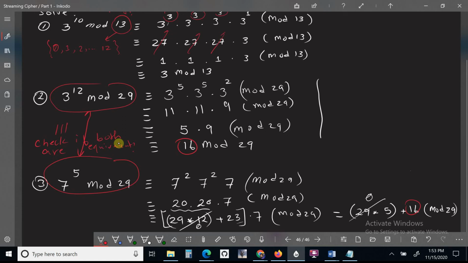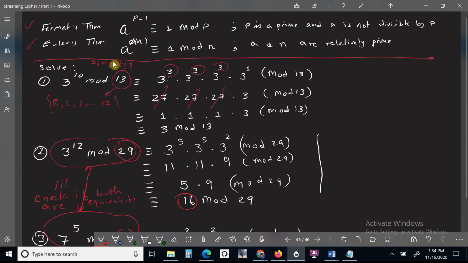Now the modulus is different, 29, and here the modulus is 29. So we are trying to see if those are congruent to each other, and simplify. Now it is similar to the previous one. Of course, first of all, I cannot really use Fermat's theorem or Euler's theorem in this case, because the modulus is very large.